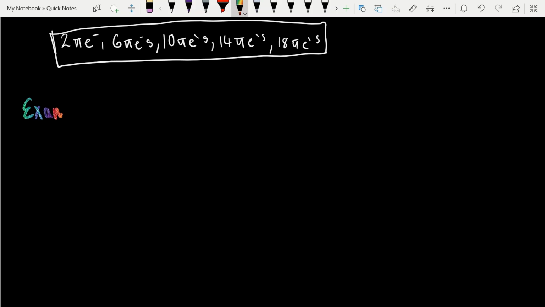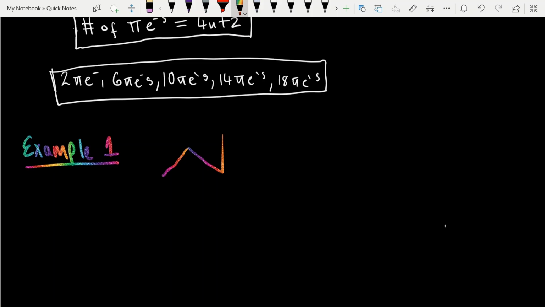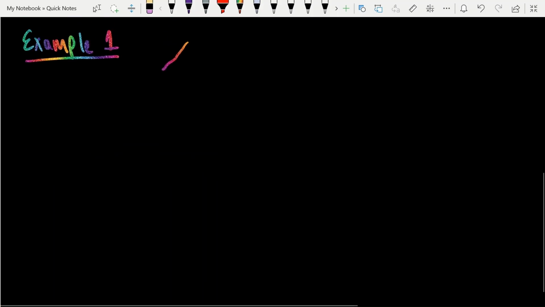Example 1. Okay, here's your example number 1. Let's say you have something like this. Forgive me, I am that much of a bad artist. Let's say you have something like this, and then it goes down, and then it goes down, and then here it should go down.